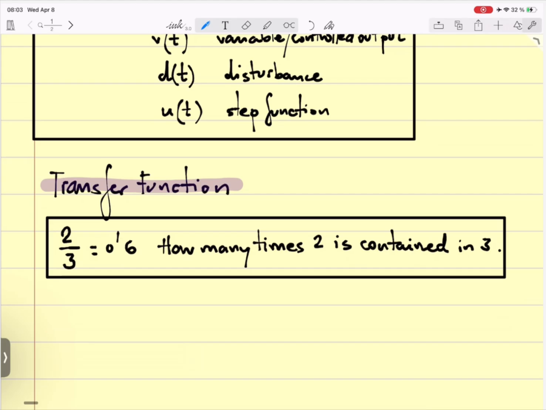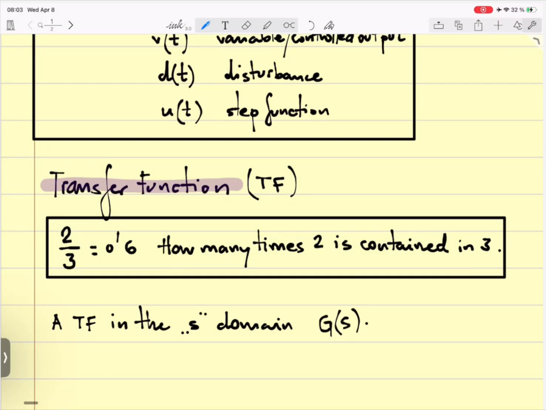So let's call it TF. A transfer function in the complex domain is a ratio. G of S is a ratio between the output and the input.